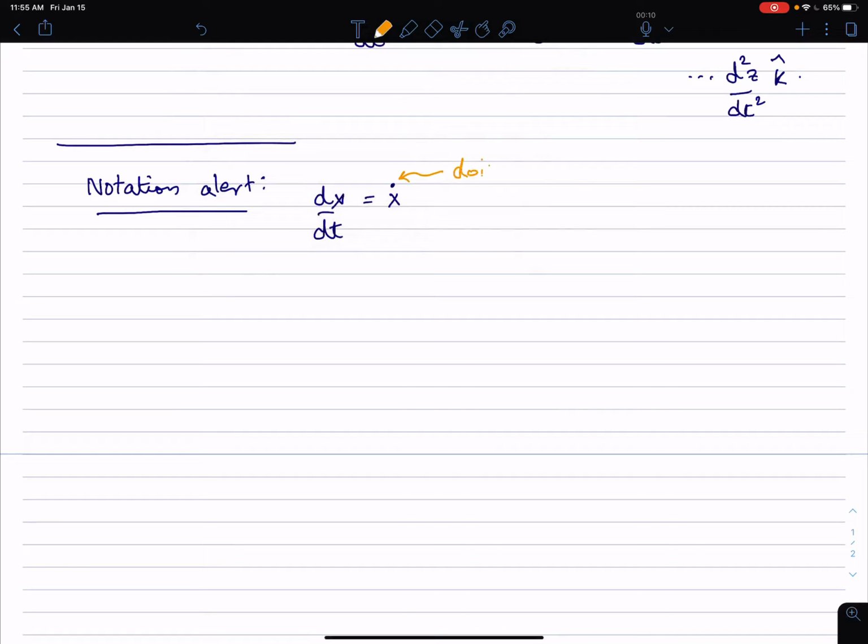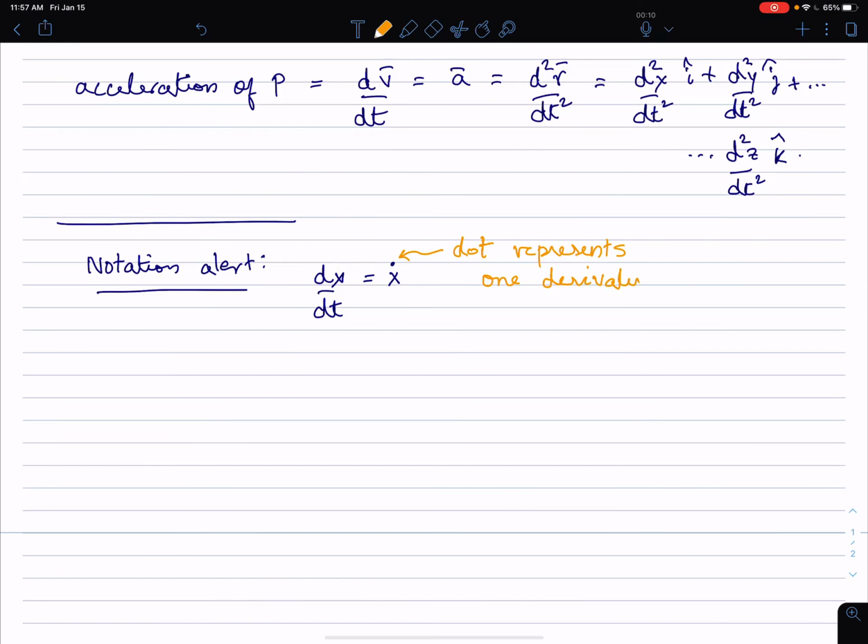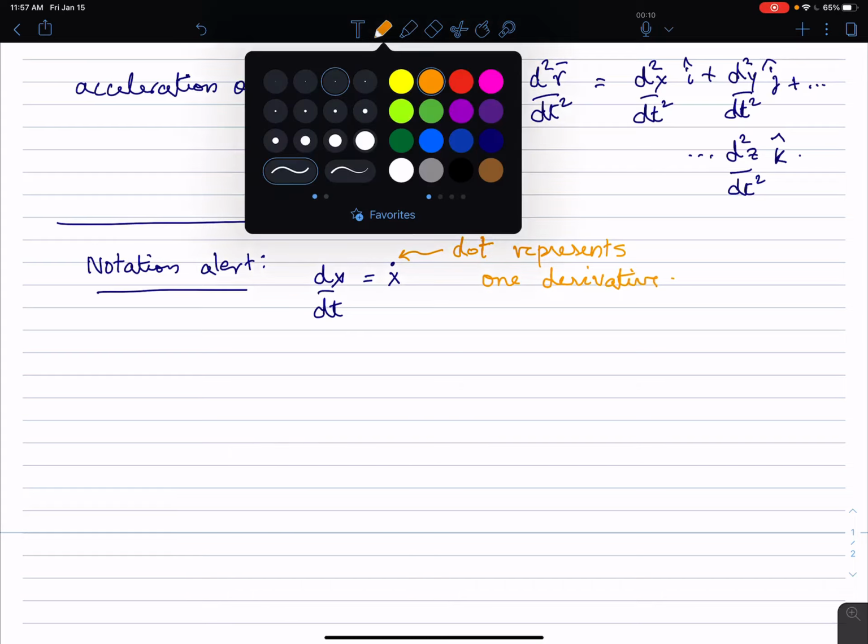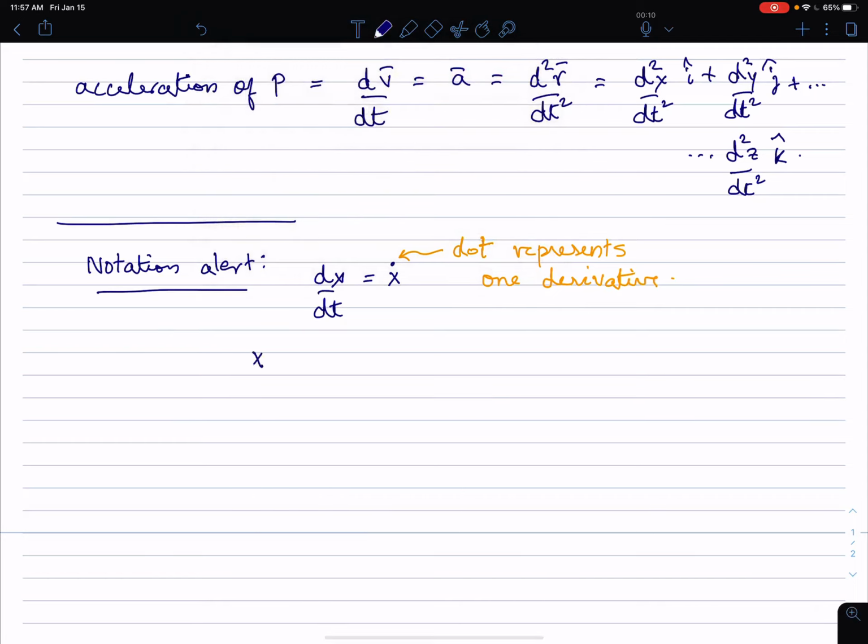A dot represents one derivative. Two dots represent two derivatives. So x double dot would represent d square x by dt square, etc.